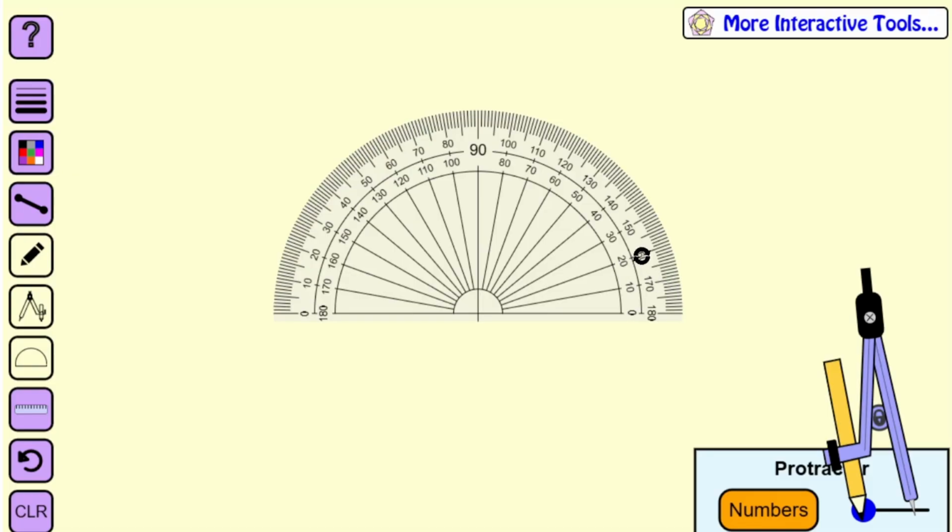20 opposite 160. But what is in between? So what is in between 180 and 170 is going to be lesser than 180 but greater than 170. And if we're going down by 5, we would know that this is going to be 175.